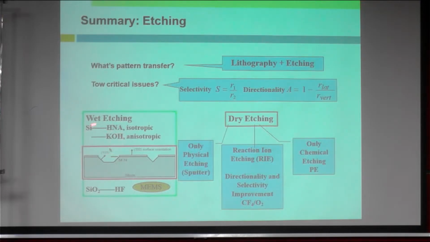Wet etching can be isotropic or anisotropic; for silicon, it depends on the orientation of the crystal structure. For dry etching, there is physical etching like sputtering and reactive ion etching, with directionality and selectivity improved using CF4/O2, versus only chemical etching or only physical etching.